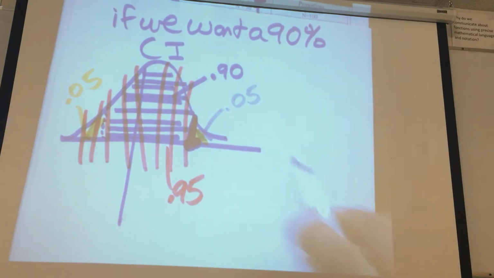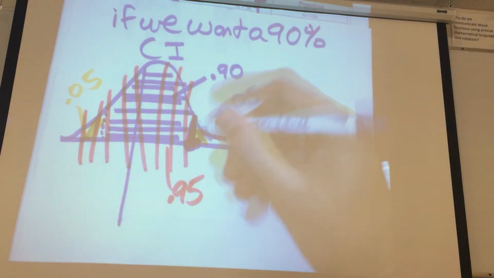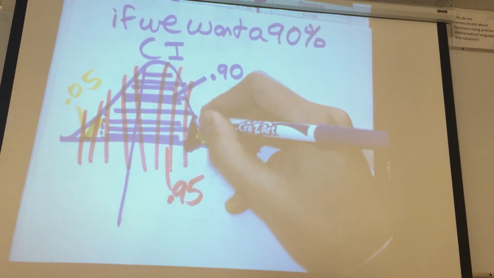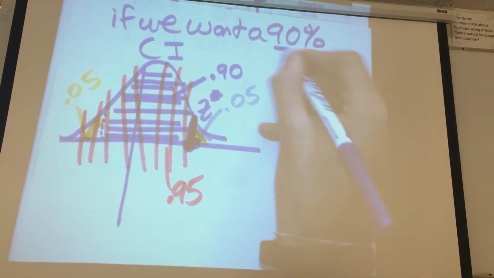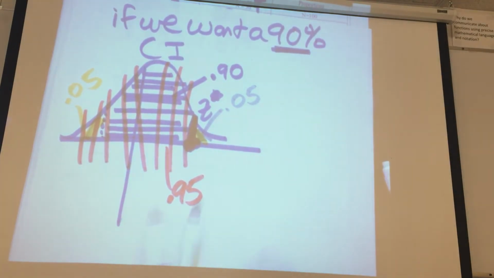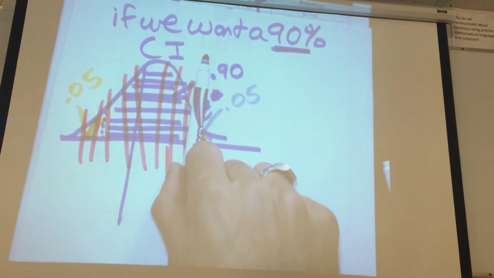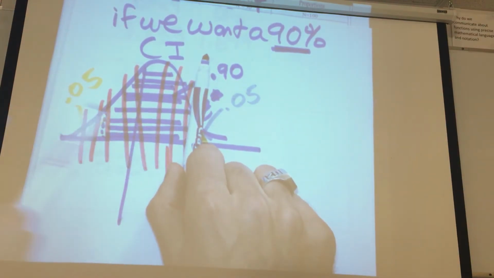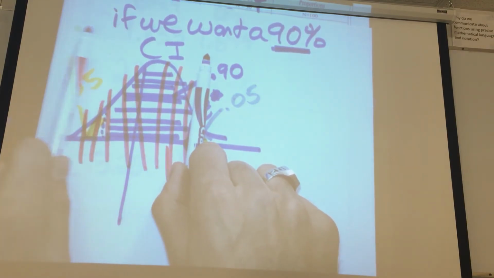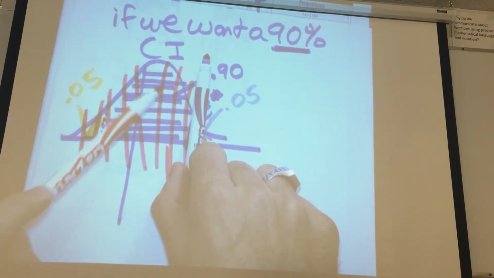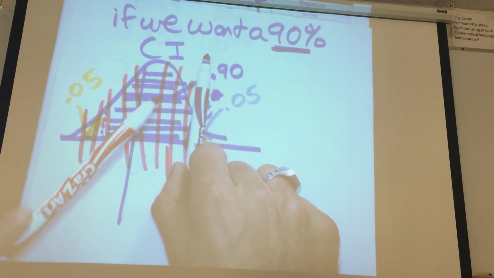Please note, we would like to find this value right here. This is our Z star. So to get the Z star, if we want a 90% confidence interval, we want to say, what is that Z value where to the left of it, there is 95% of the data. Here's 90 between here and here, and then you add this 5%. So we want to know, where are we 95% to the left of this point?